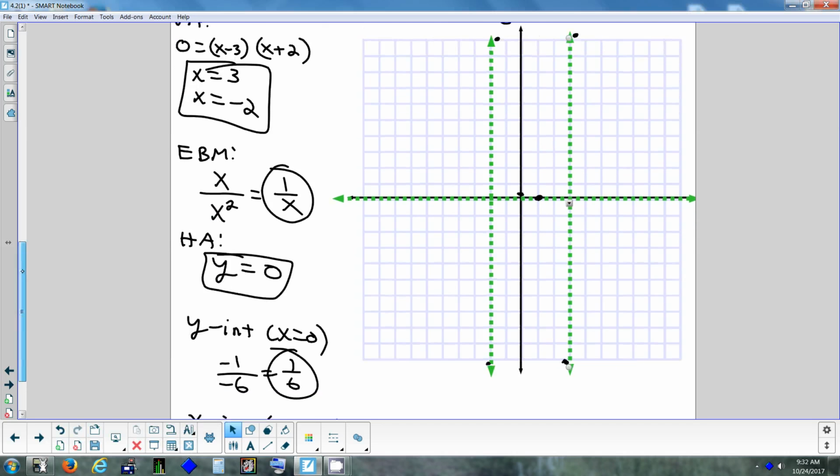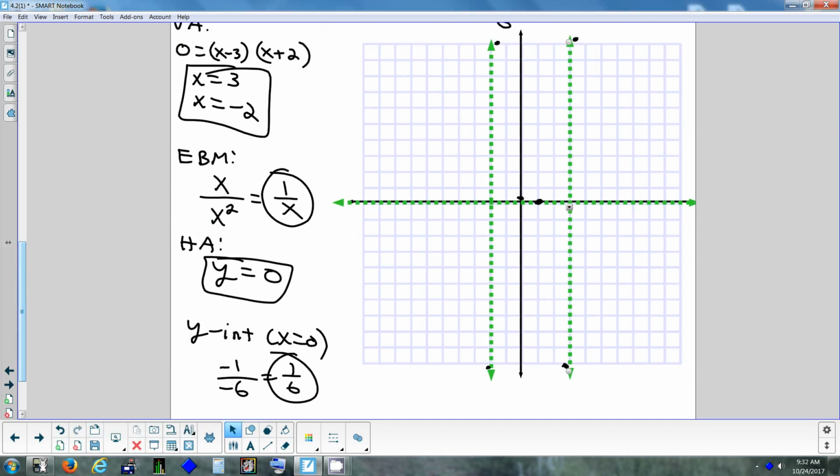All right, so now we need to connect these dots and see what's going on. With these kinds of graphs, you never cross an asymptote. So if I'm in this section, I have to stay in that section, but I have to get closer and closer to each asymptote. So this part is going to come up, curve, keep getting closer and closer, but stay in that section.